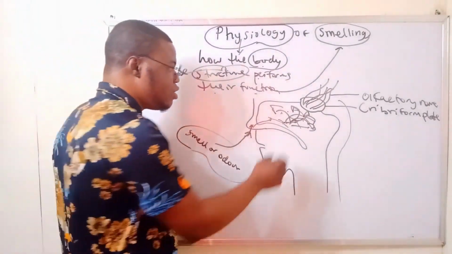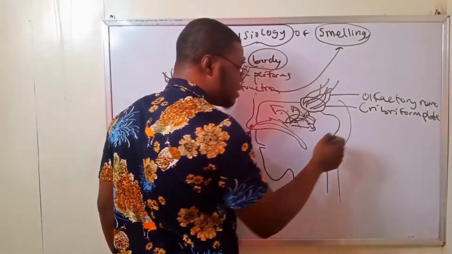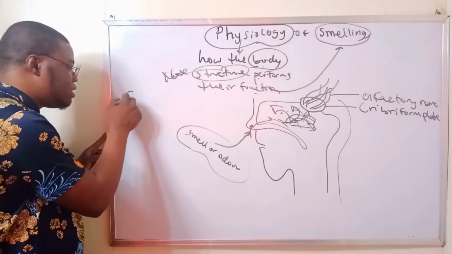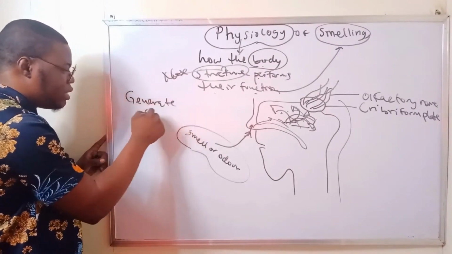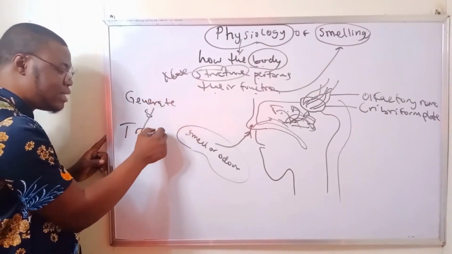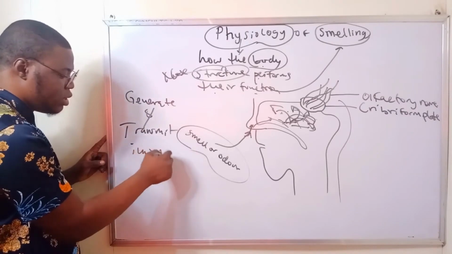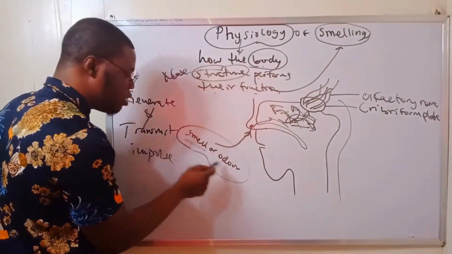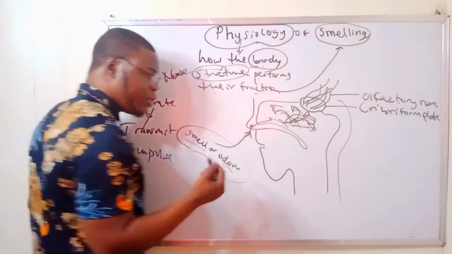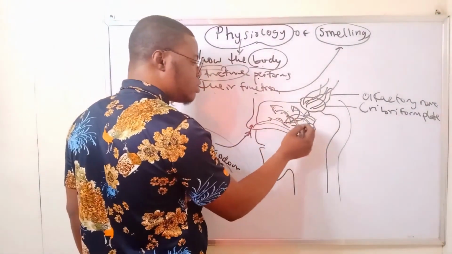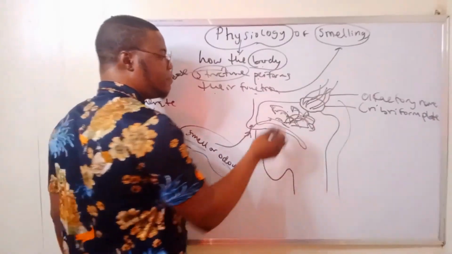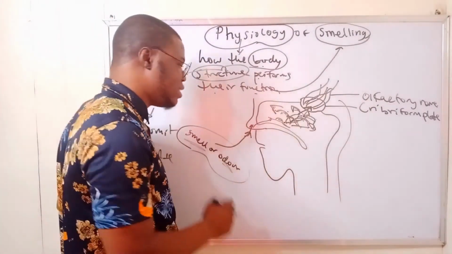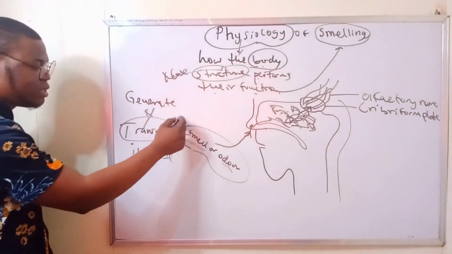And from there, the olfactory nerve inside the cribriform plate, being a nerve, do not forget from our knowledge of fundamentals, the function of a nerve is to generate and transmit impulses. So this inhaled air, which is either a smell or odor, when it reaches the nose, the conchae increase the surface area. And in the process, the olfactory nerve will generate the impulse. So they're going to receive it.